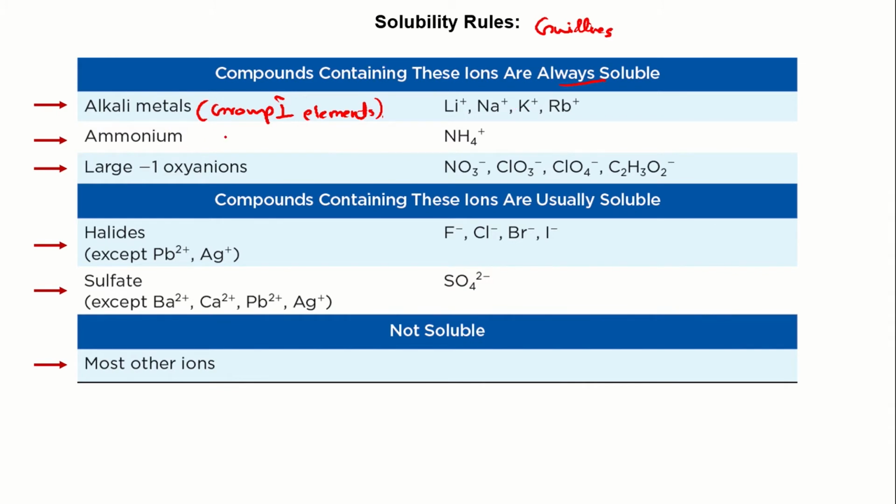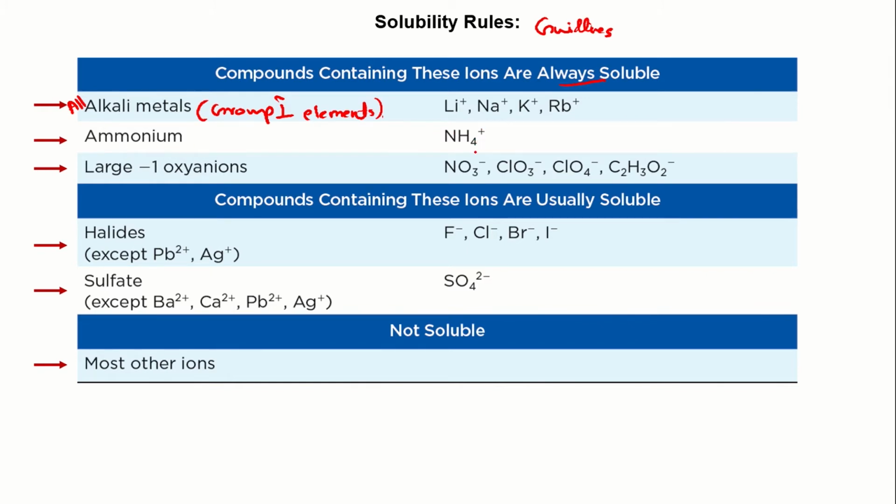So what I'm going through at first in the beginning is these always soluble substances. So what is always soluble? All group 1 metals. All the group 1 elements will be soluble. And then the ammonium ion, NH4+.